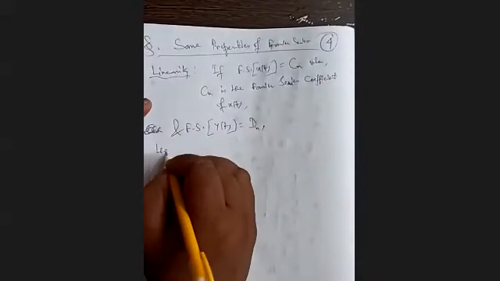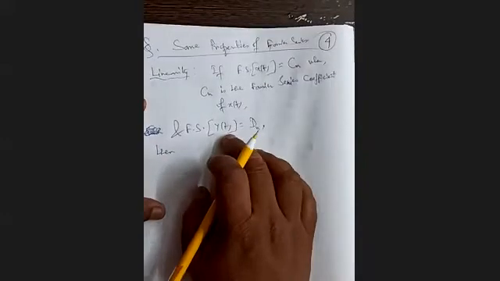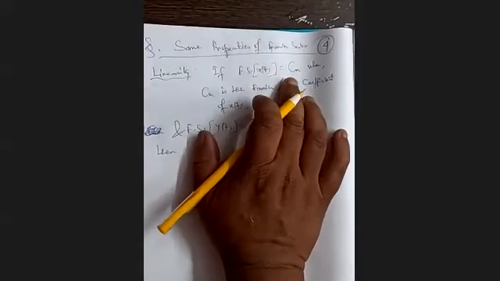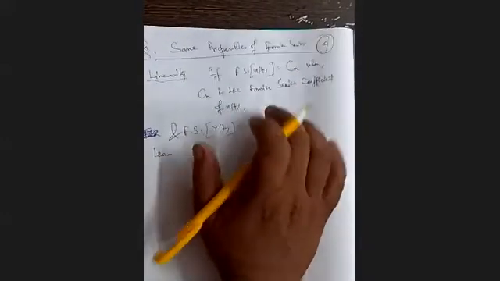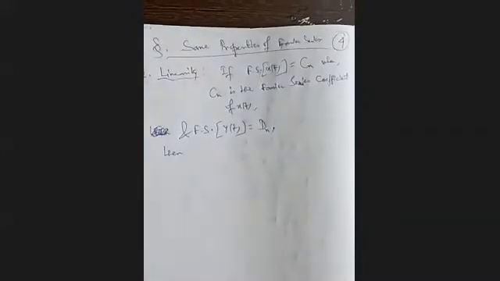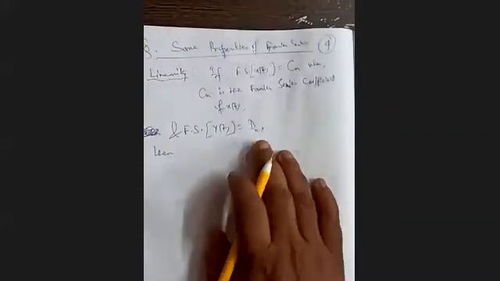So we have two signals, one x(t), another y(t). For x(t), we are assuming that Cn is the Fourier coefficient, An, Bn, Fn, anything of x(t), and Dn is also the Fourier coefficient.